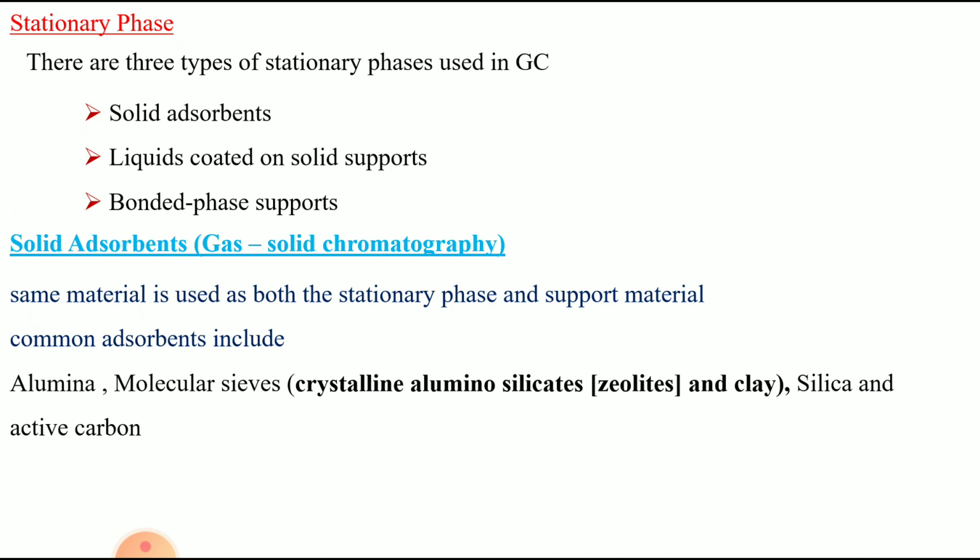The common adsorbents used in GC are alumina, molecular sieves like crystalline aluminum silicates called zeolite, clay, silica, and activated carbon.